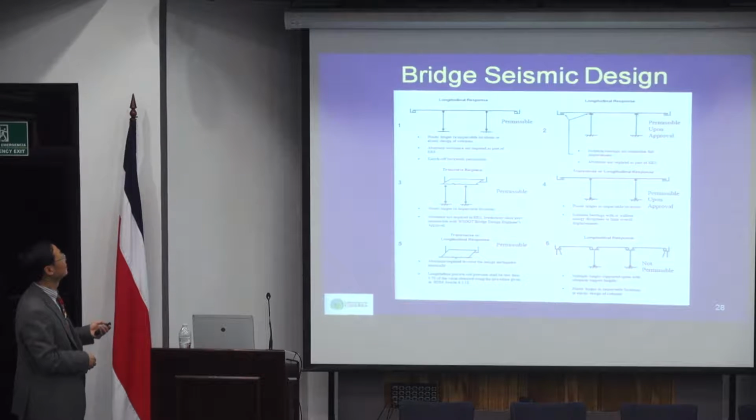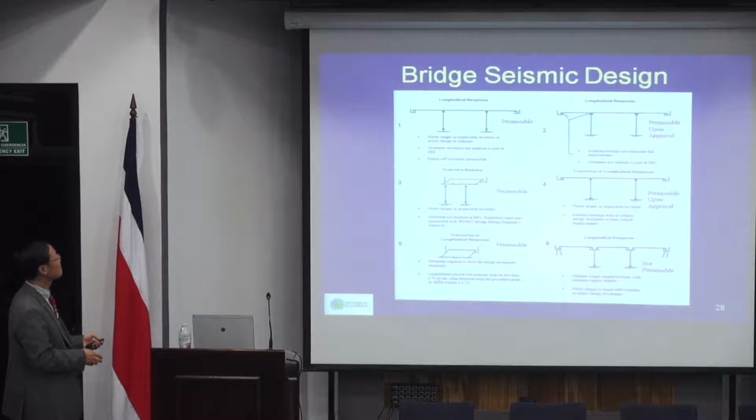Typically, you can have this kind of model. These are called plastic hinges. Sometimes you can also develop a plastic hinge on top, and even for a skewed bridge, it will be a similar situation.